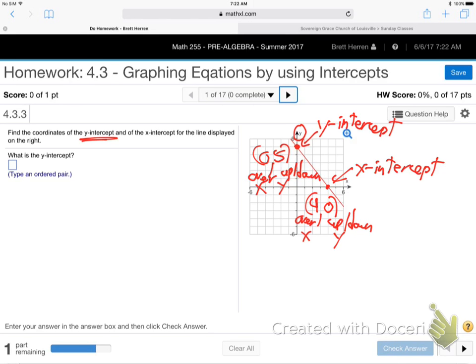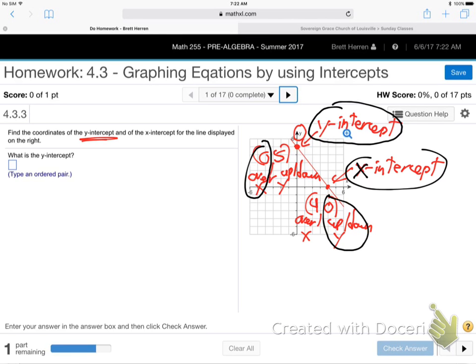Let's say it one more time. At a y-intercept, the x value is 0, the opposite letter. At an x-intercept, the y is 0, because you're up 0; your y height is 0. And at a y-intercept, you're over 0, so your x-coordinate is 0. That'll always be the case.